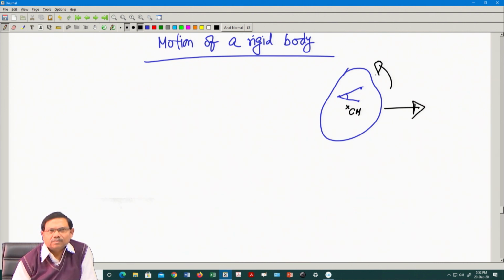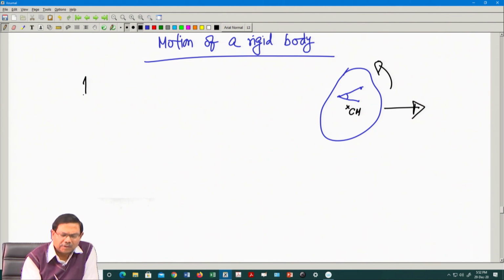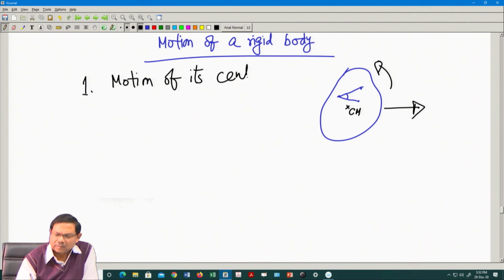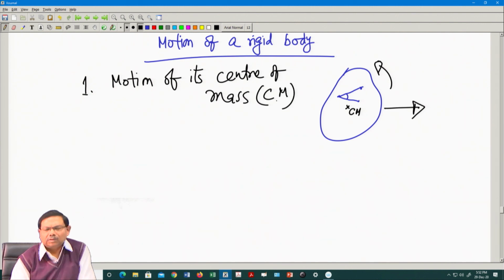any axis or about all three axes. So, to describe the motion of a rigid body, what is required? The first part is the motion of its center of mass, right.